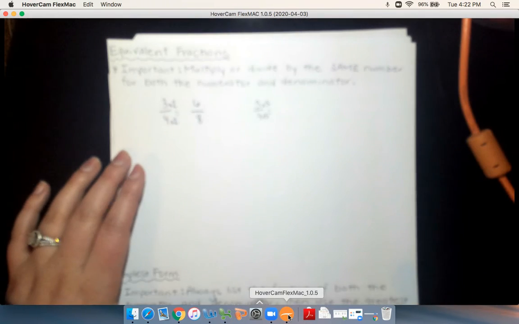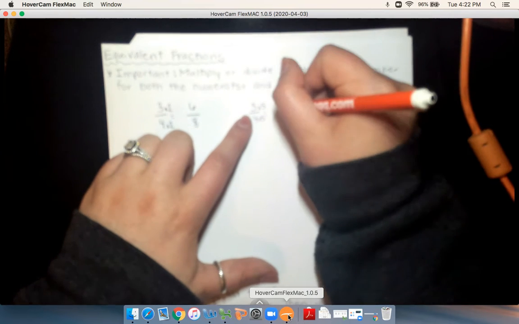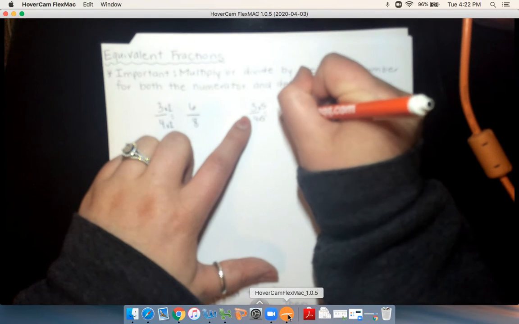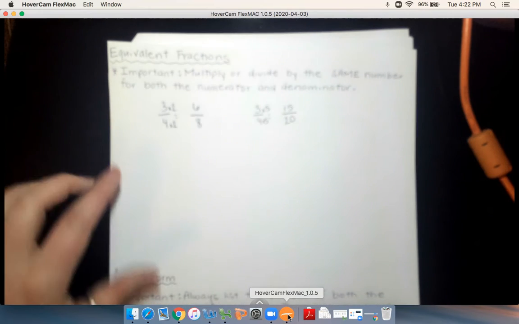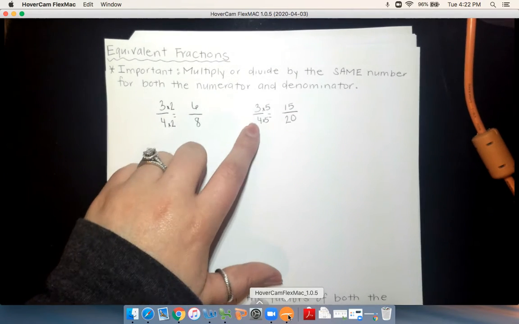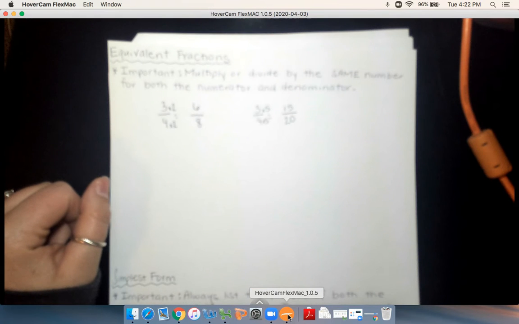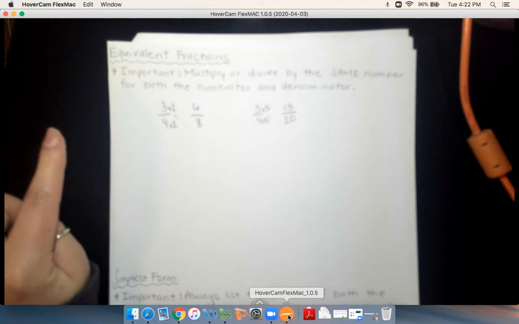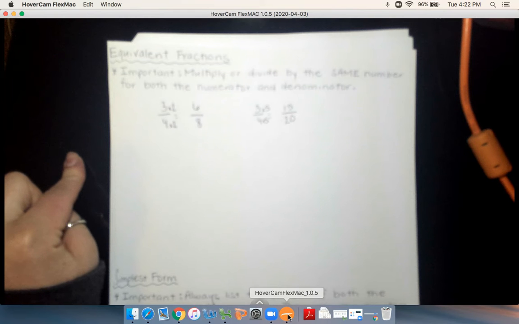Then I multiply straight across. 3 times 5 is 15, and 4 times 5 is 20. So 3/4 is equivalent to 6/8, and 3/4 is also equivalent to 15/20. It doesn't matter as long as I multiply the numerator and the denominator by the same number.